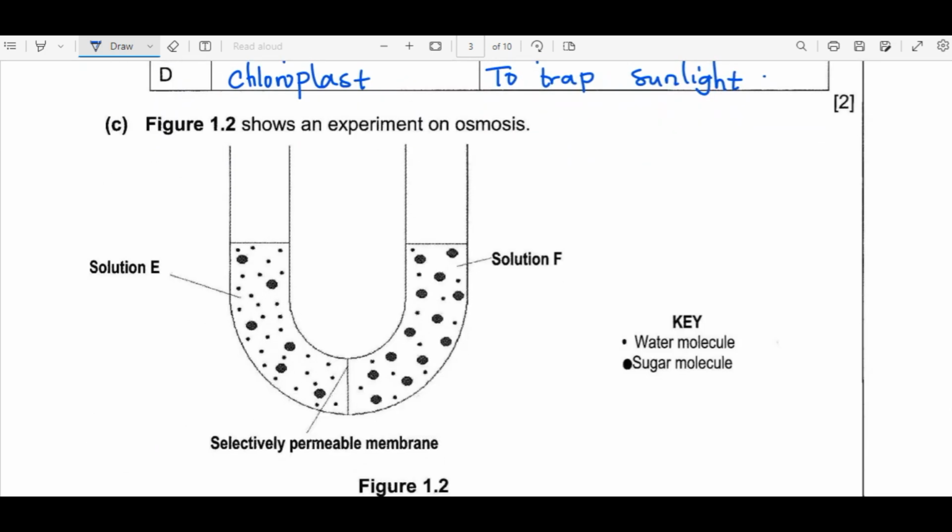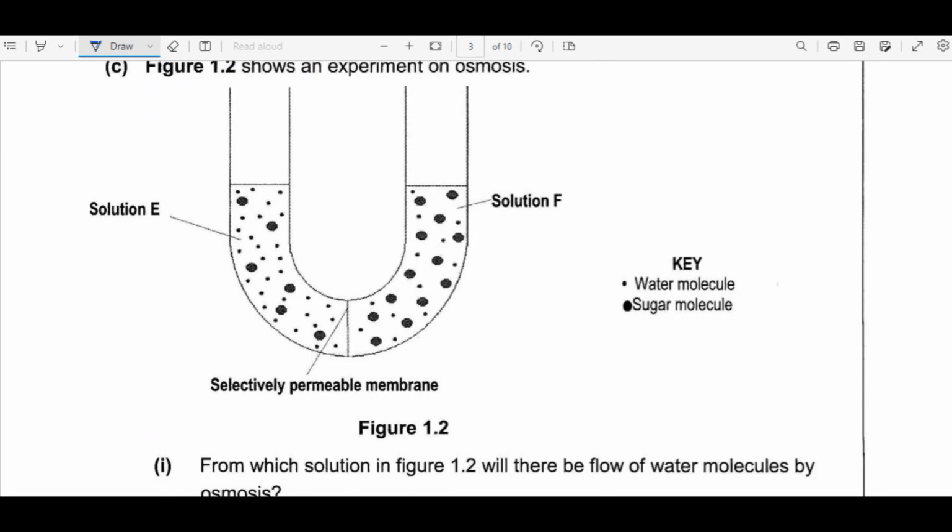Then we move on to question E. See, figure 1.2 shows an experiment on osmosis. Okay, so based on the key, the smaller particles indicate the water molecules, then the larger particles indicate the sugar molecules.